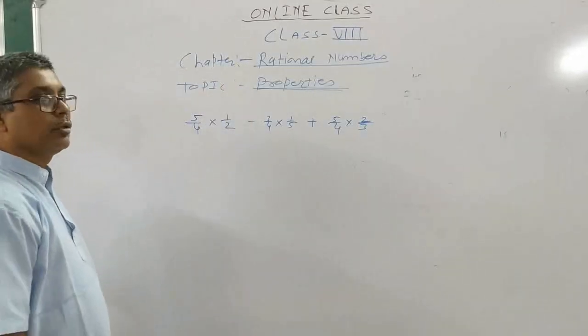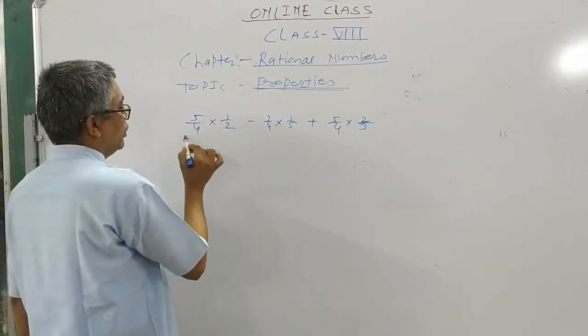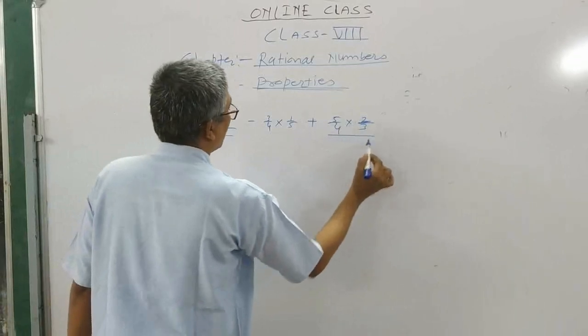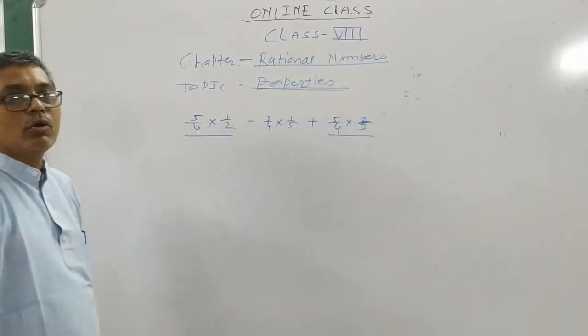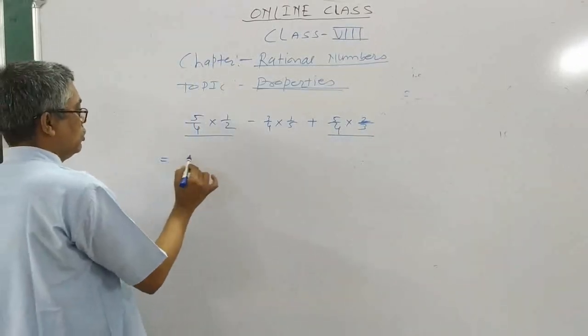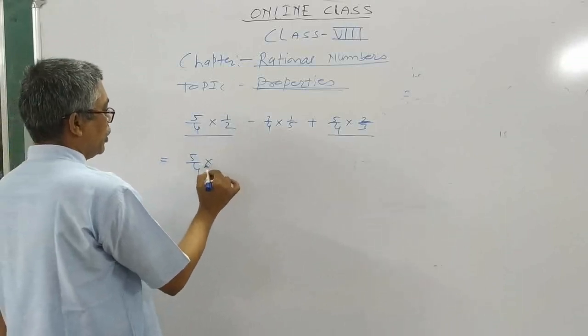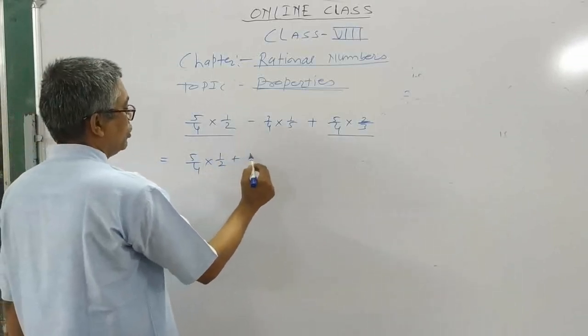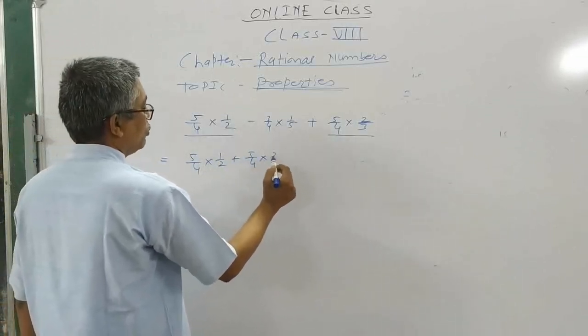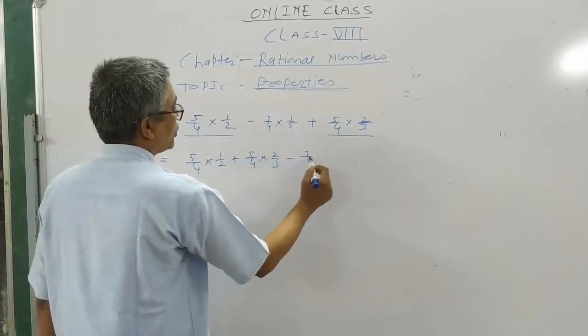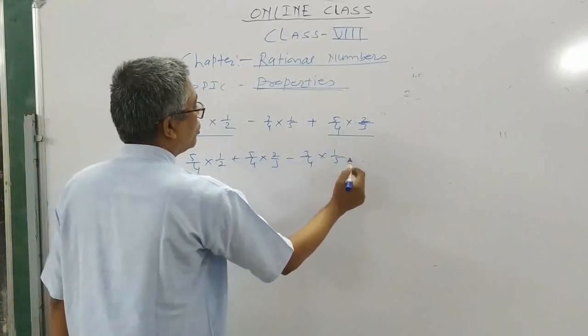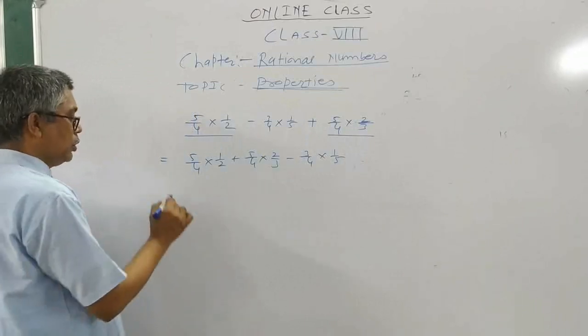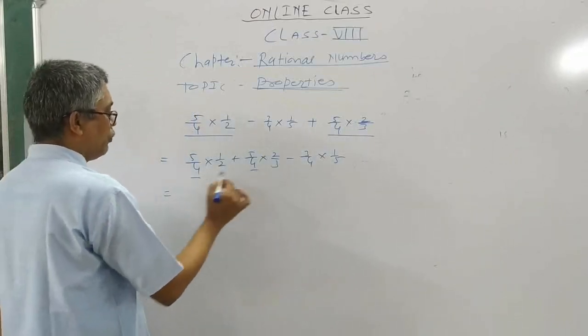So again, here we see that in first term and this last term, 5 by 4 is common. So we take these two terms, 5 by 4 into 1 by 2 plus 5 by 4 into 2 by 3 minus 3 by 4 into 1 by 5. Now we have taken out 5 by 4 common.